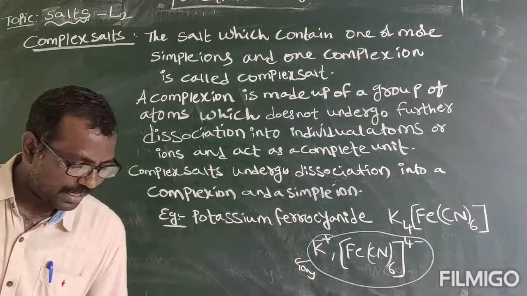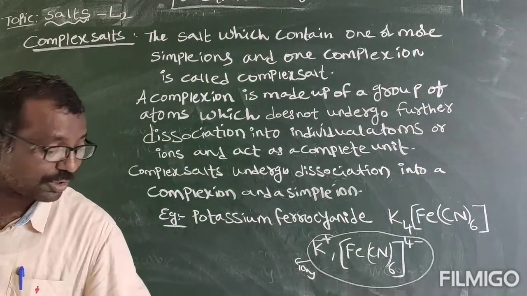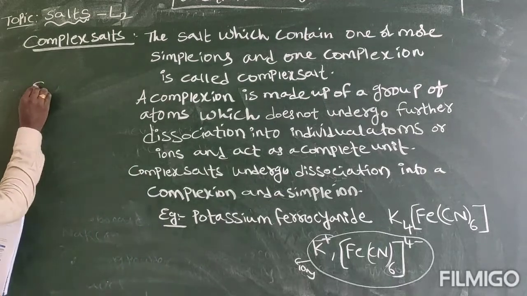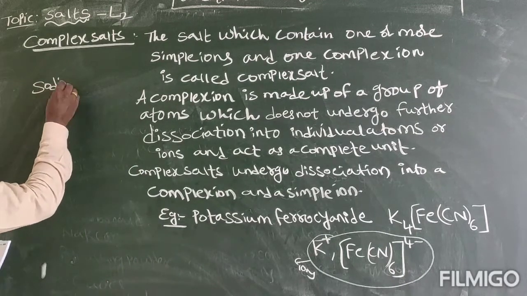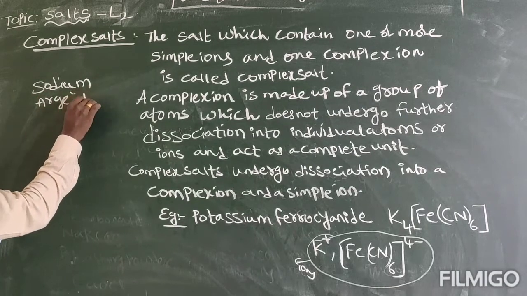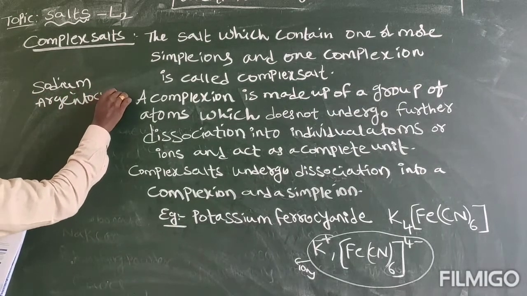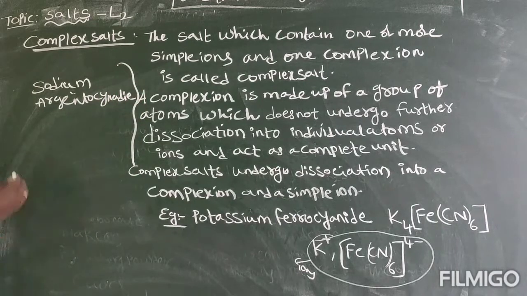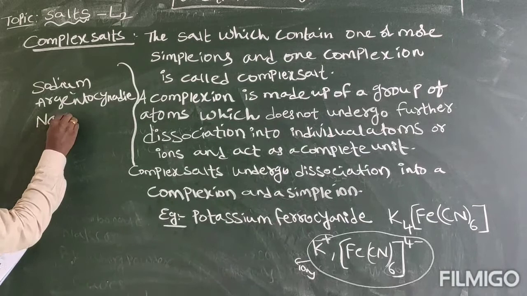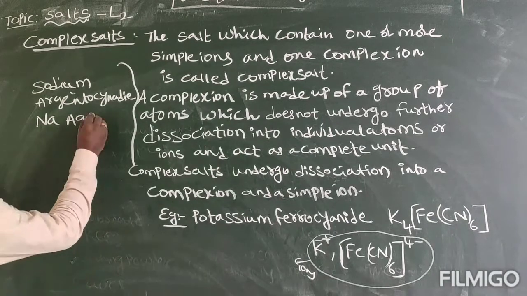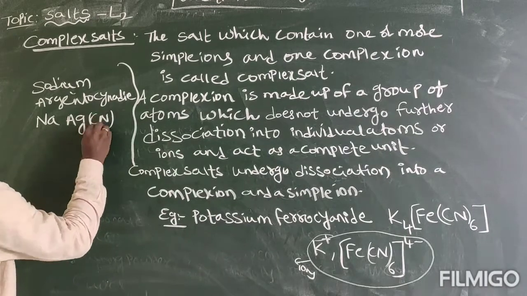And next we have one more, sodium argentocyanide. The other example is sodium argentocyanide. Sodium means Na, argento means Ag, cyanide is CN taken twice.